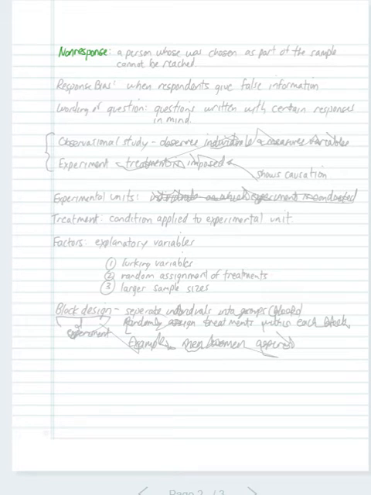So for non-response, a person who was chosen as part of the sample cannot be reached. So maybe it's a telephone poll, and somebody gets selected to be part of the sample. They call them, and for some reason they don't answer the phone.